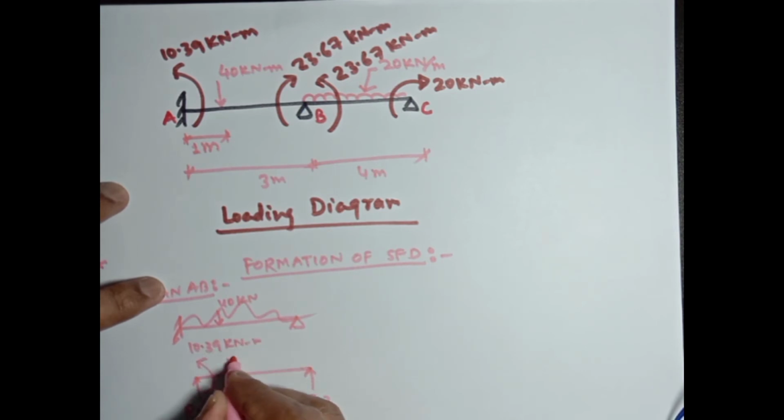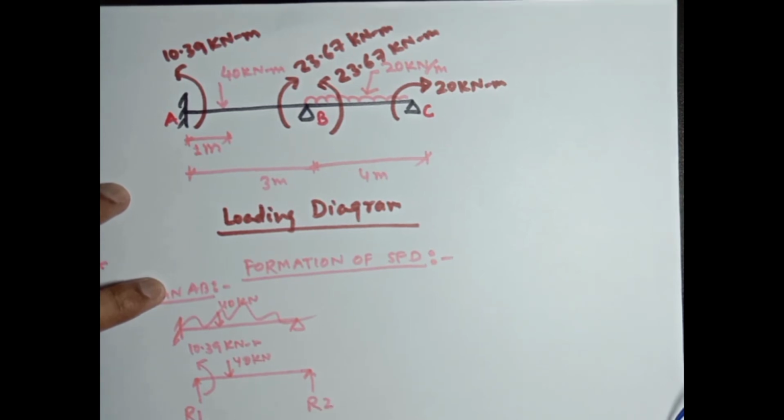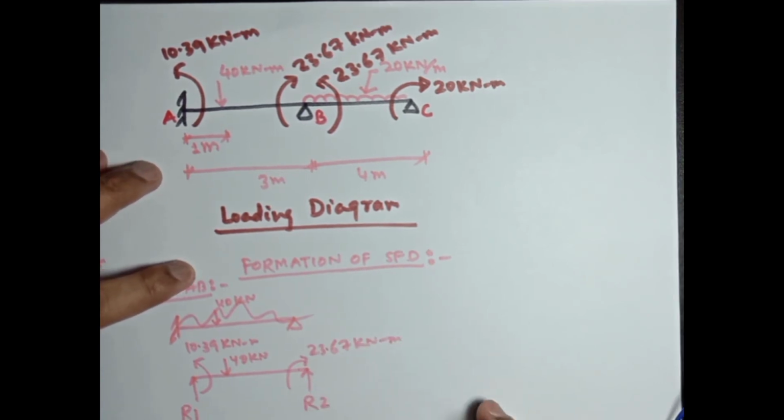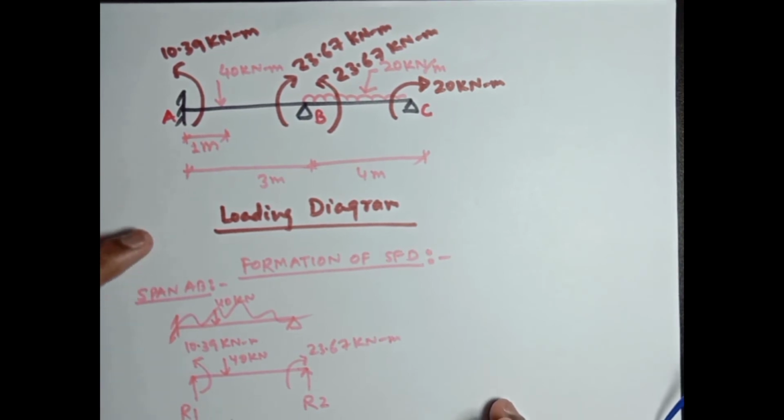There is a point load of 40 kilonewton acting at a length of 1 meter, and total length is 3 meter. And there is a moment value of 23.67 kilonewton meter.